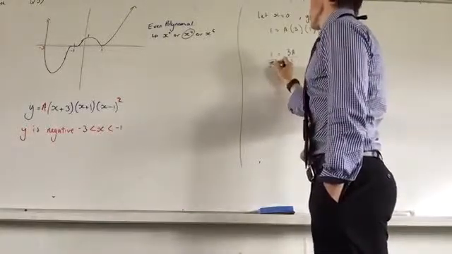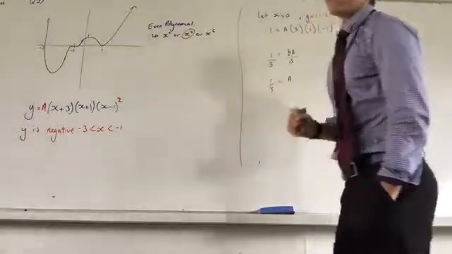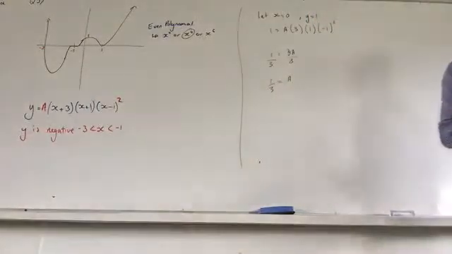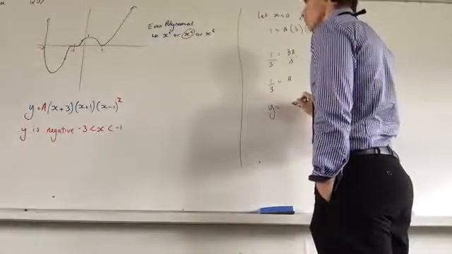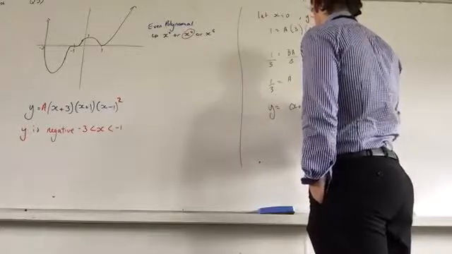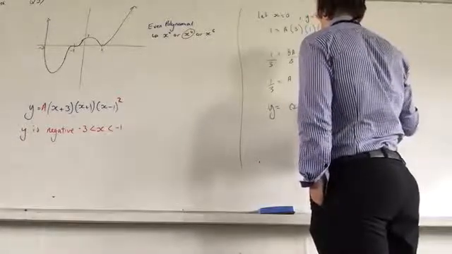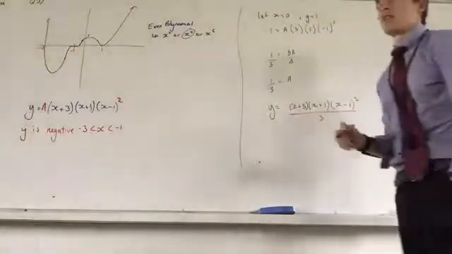Divide both sides by 3. a equals 1/3. So my full equation is y equals x plus 3, x plus 1, x minus 1 squared, all of that divided by 3, or you could have 1/3 at the front. It does not matter.